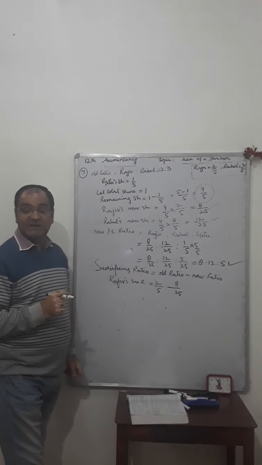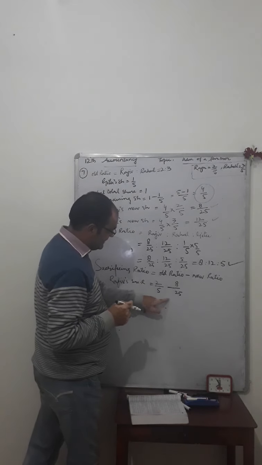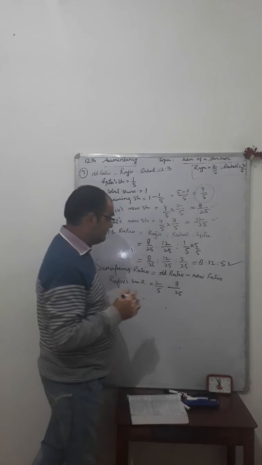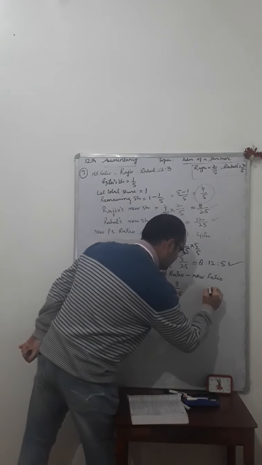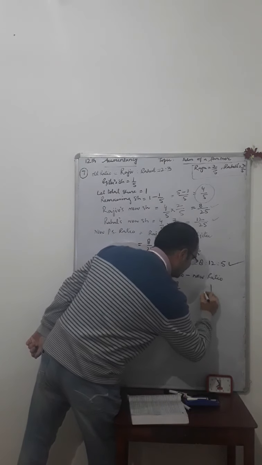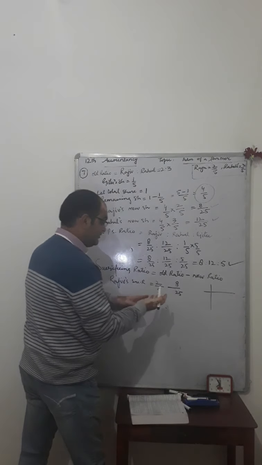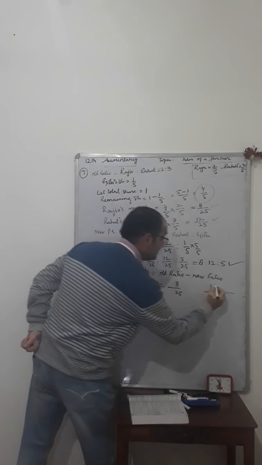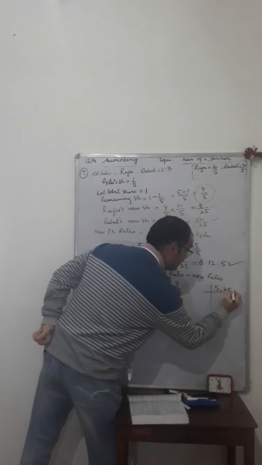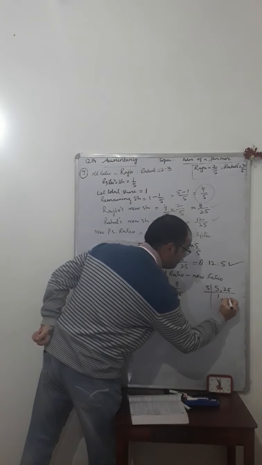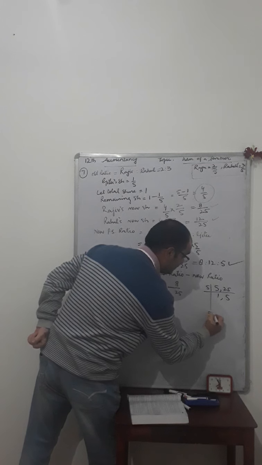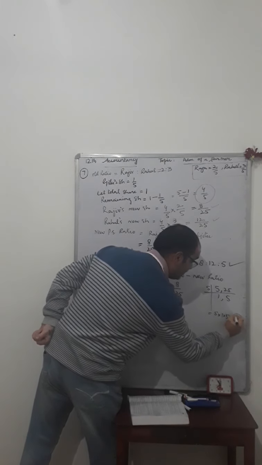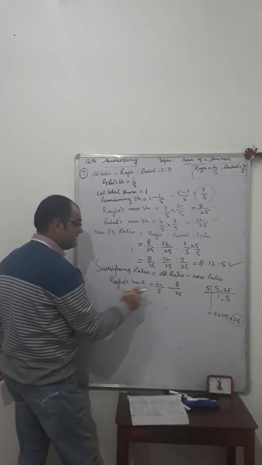Here, let's take 25 as LCM. Let's learn how to find the LCM of these two, 5 and 25. Write 5 here and 25. 5 ones are 5, 5 fives are 25, so 25 is our LCM here.